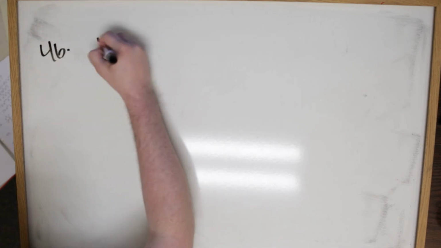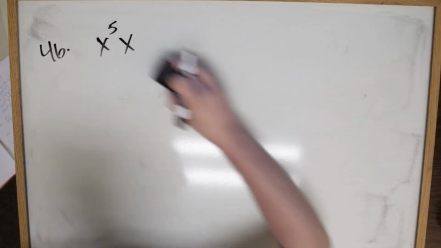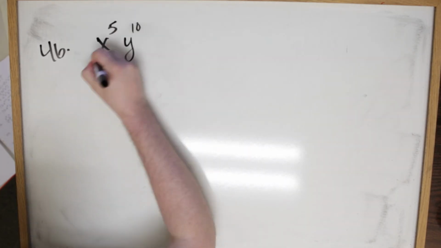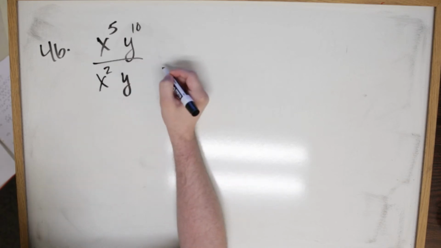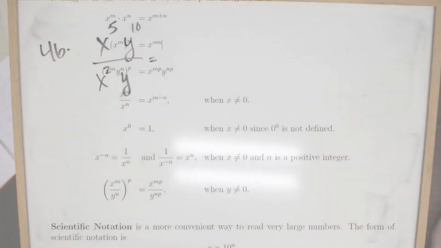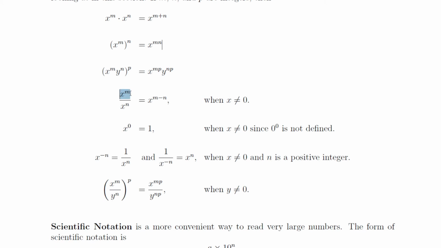All right, let's look at 46. This is x to the 5th, y to the 10th, all over x squared y, okay? So now we're getting to the section where we have fractions. So if we go back to the notes real quick, when we have fractions of the same base, we're actually subtracting the exponents.